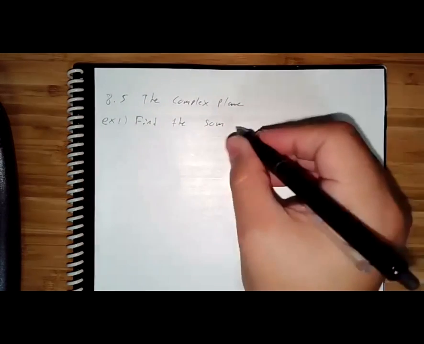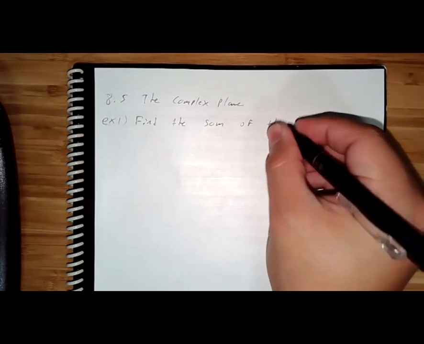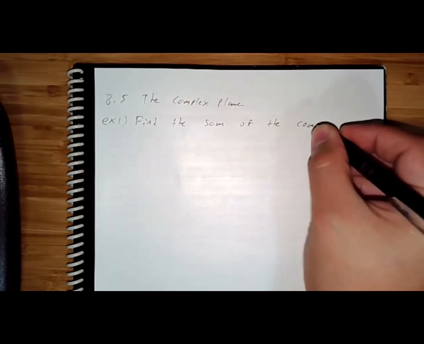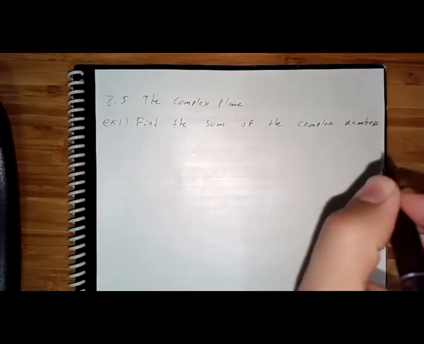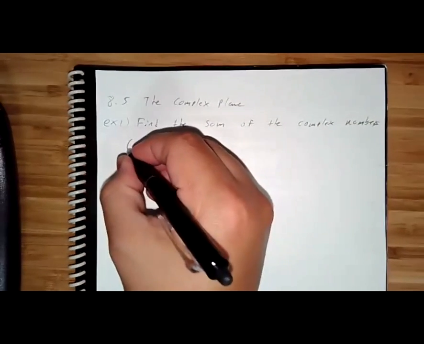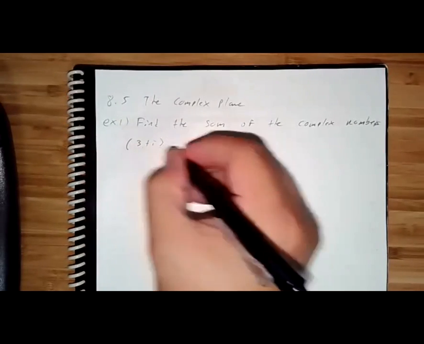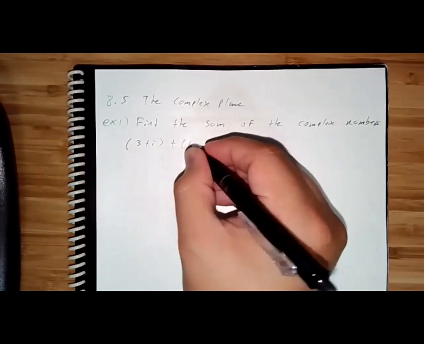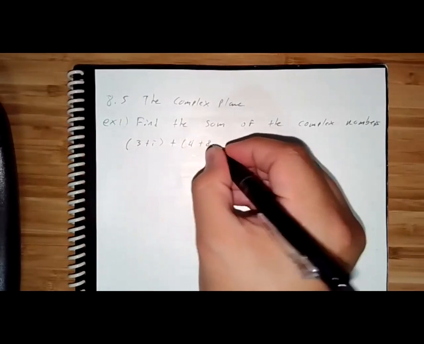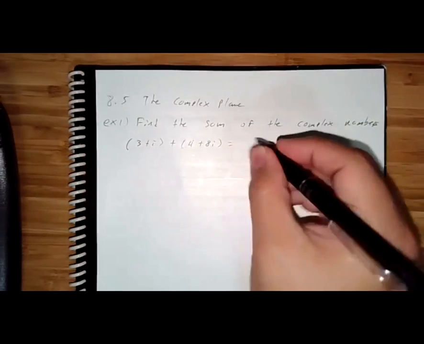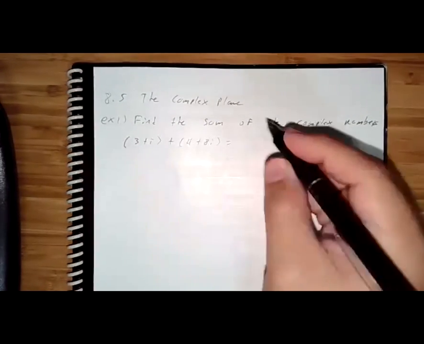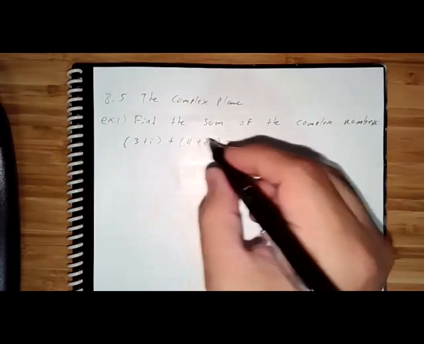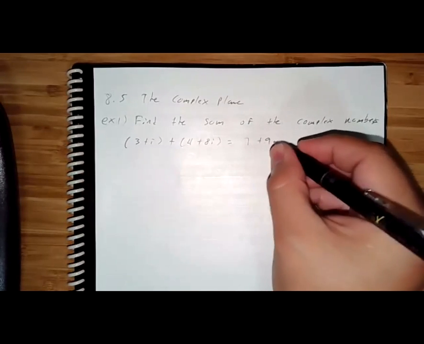Find the sum of the complex numbers. So they give you something like this: 3 plus i plus 4 plus 8i, which will be, so you literally just combine like terms. So there's not much to do here. 3 plus 4 is 7. i plus 8i is 9i.